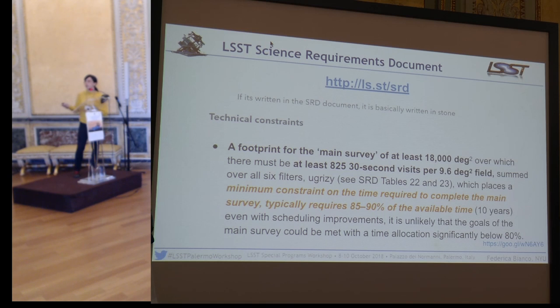And the filter set is fixed, u, g, r, i, z, and y, and this is also fixed because the filters have been built, and they're very expensive, very large filters. Any implementation that has been simulated that fulfills these requirements takes about 80 to 90% of the telescope time.